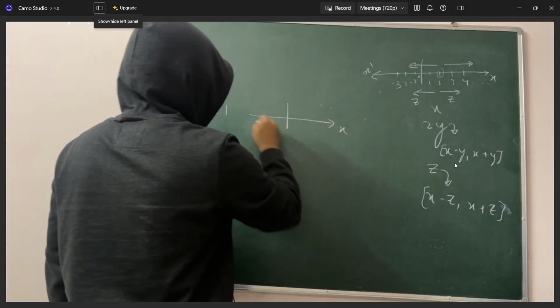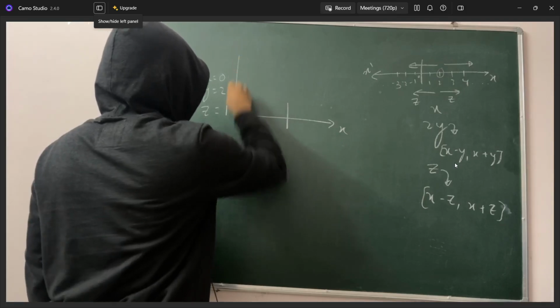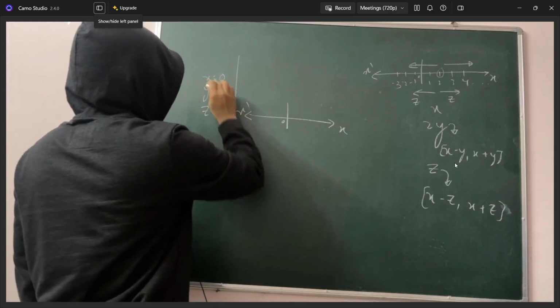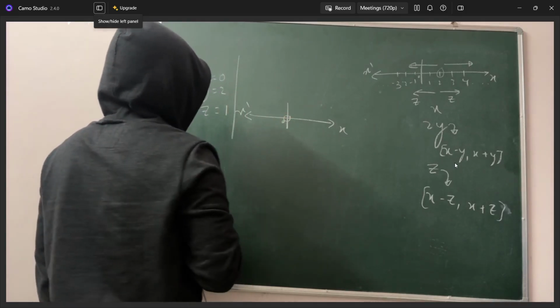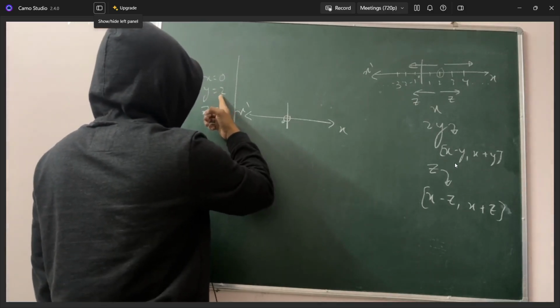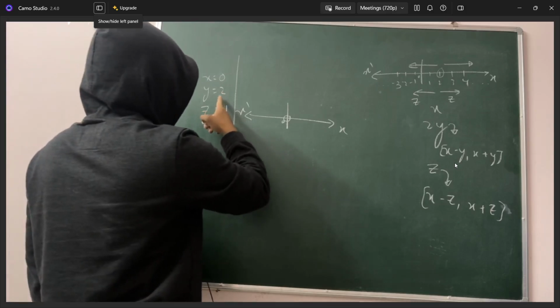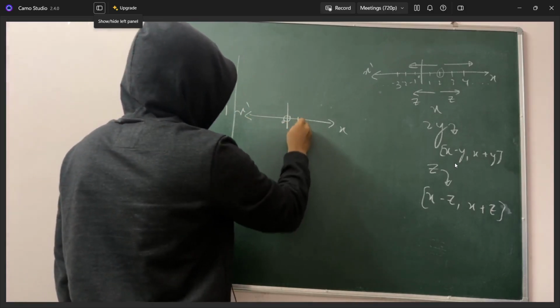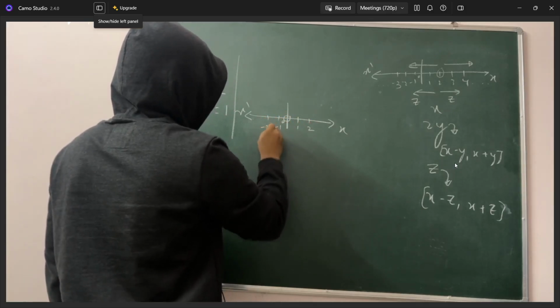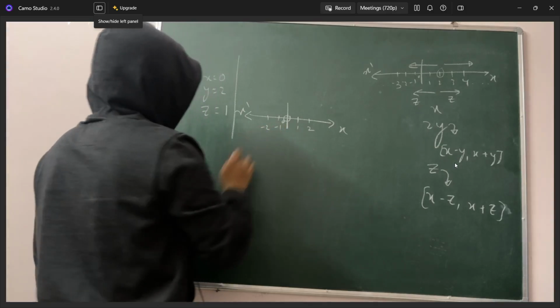We have the X-axis, X dash, and this is 0. Since X is 0, Chef's home is located here. Now he has two Y friends. Here Y is 2, which means 2Y, which is going to be 4. So his friends' homes are located at these positions: 1, 2, minus 1, minus 2.